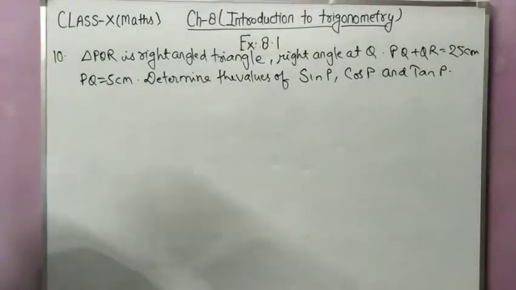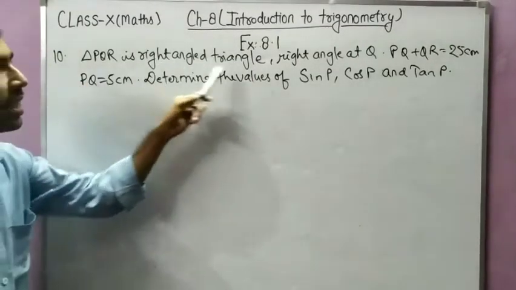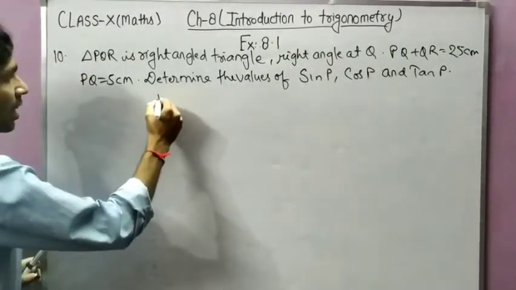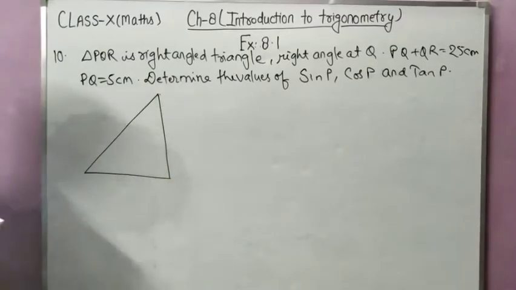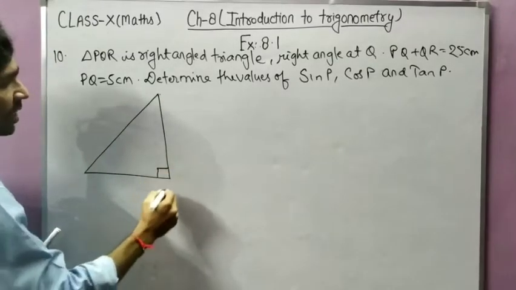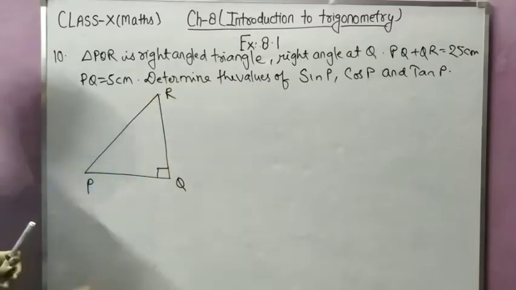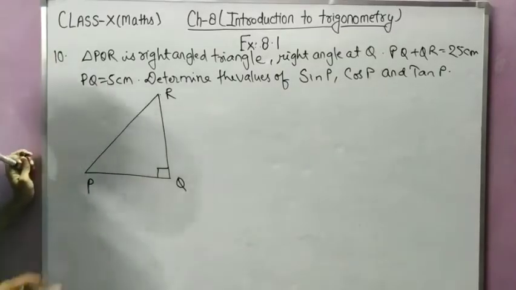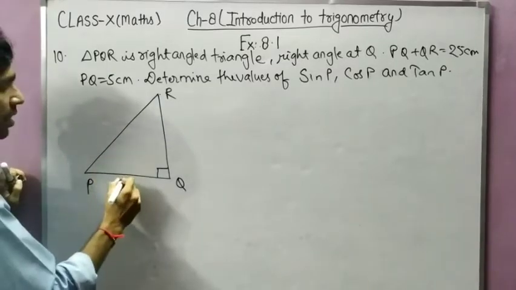So see what is given. Whatever information is given, first we will write it. Triangle PQR is a right angle triangle, right angled at Q. So first we will draw a right angle triangle PQR. This angle is 90 and this is point Q. So suppose PQR like this. This is triangle PQR, right angle at Q. And PQ is given, that is 5 centimeter.